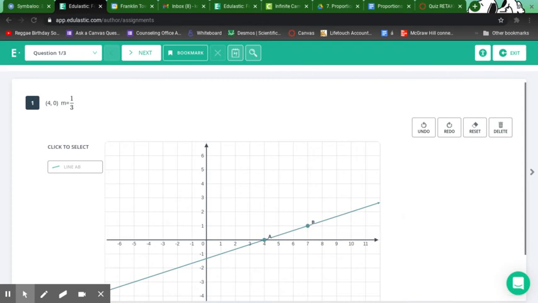If I make a mistake, I can undo that. I can redo that. I can reset it completely to start from the beginning. That gives you some choices. You can click and make other points on there and then drag the line, but you really don't want to do that.